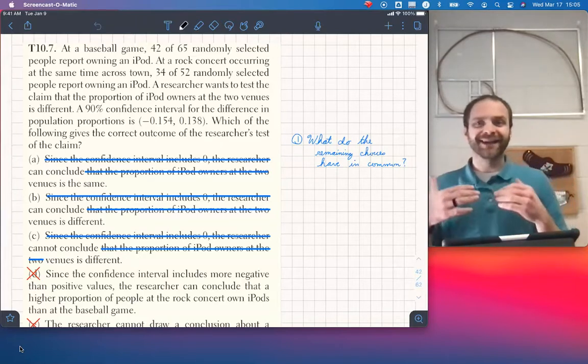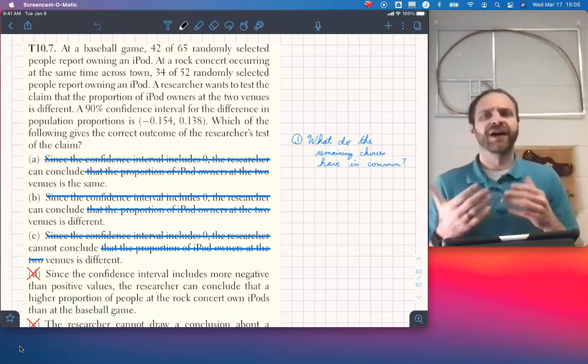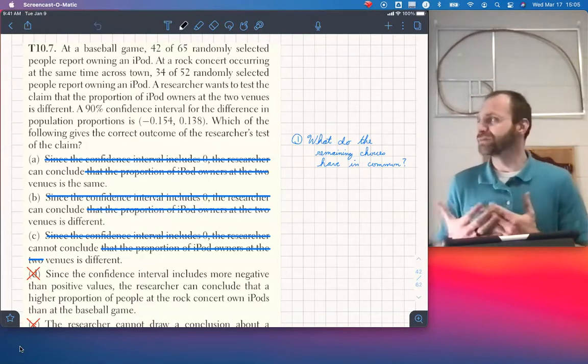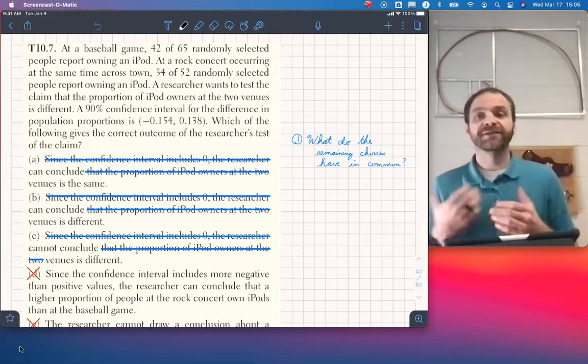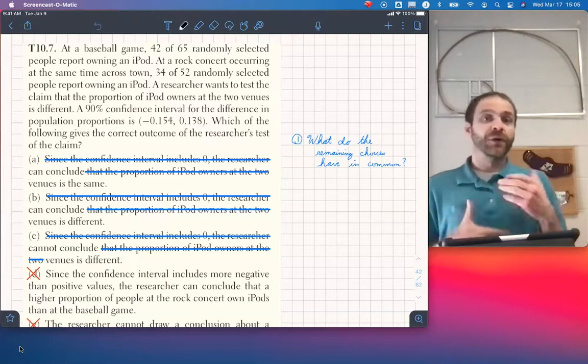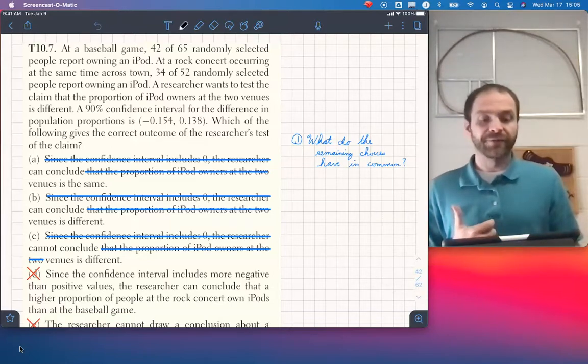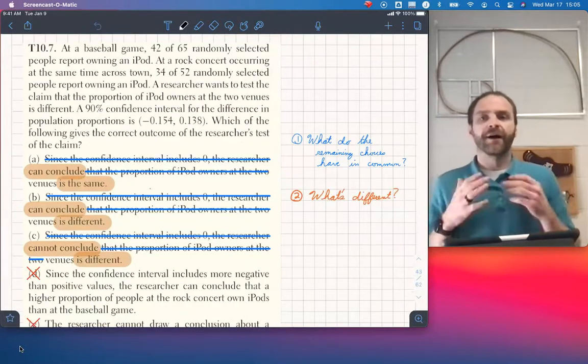But I can see the only thing that matters is choice A says can conclude venues is the same. Choice B can conclude venues is different. C says cannot conclude venues is different. And so those are the only things that are different. So I'm going to focus on those.